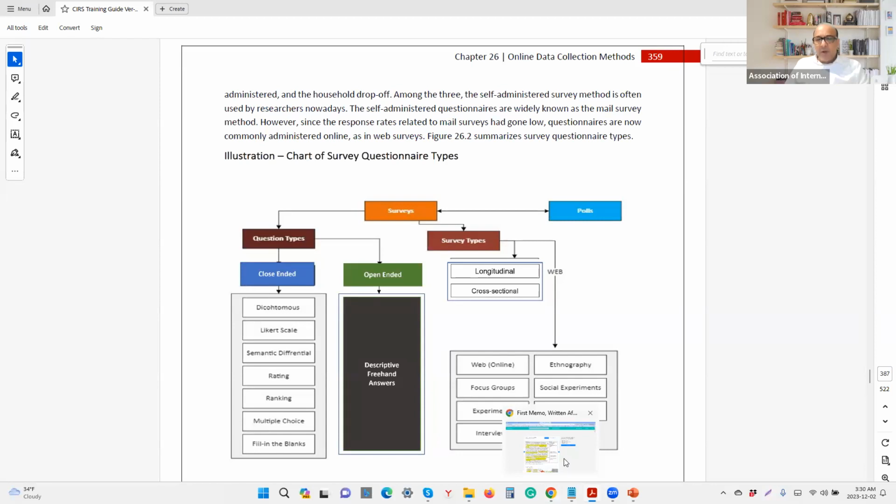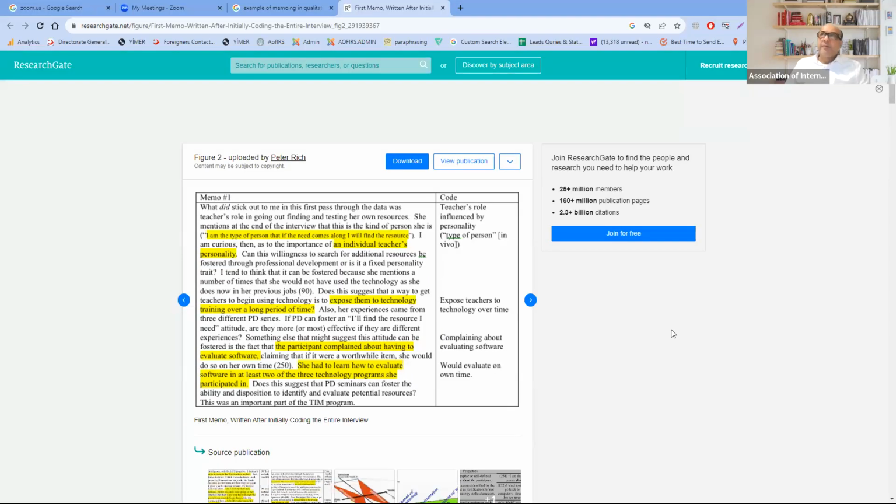Now, when we are doing observations and when we are doing focus groups, or sometimes you could say that even in document studies, there is a way in which you're going to document your observations or your collection of information.